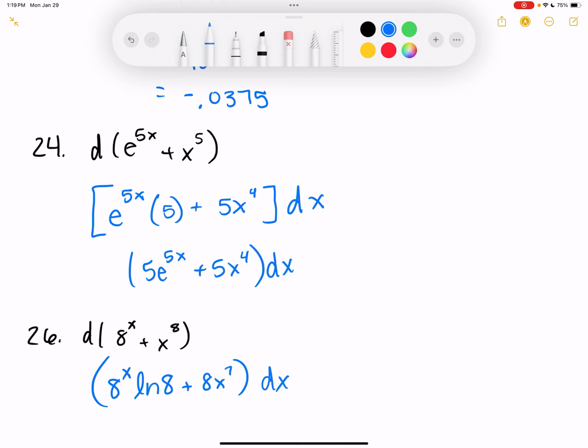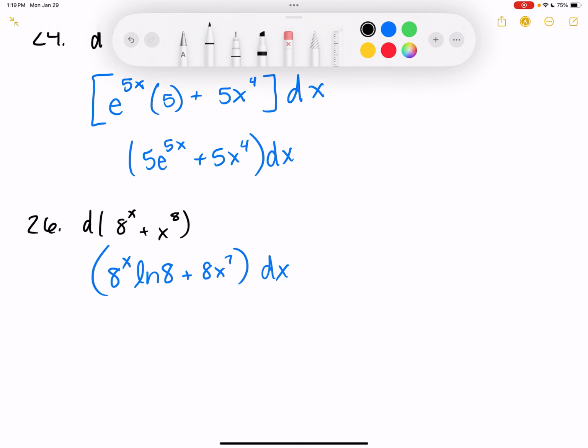Write a differential formula that estimates the given change in volume or surface area. Then use the formula to estimate the change when the independent variable changes from 10 centimeters to 10.05 centimeters. All right, surface area.